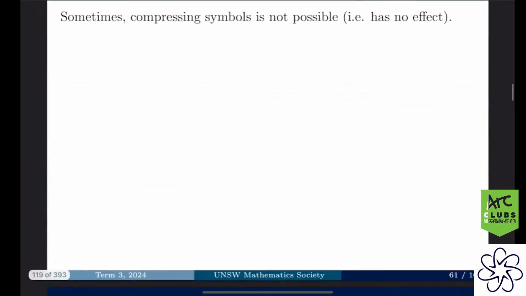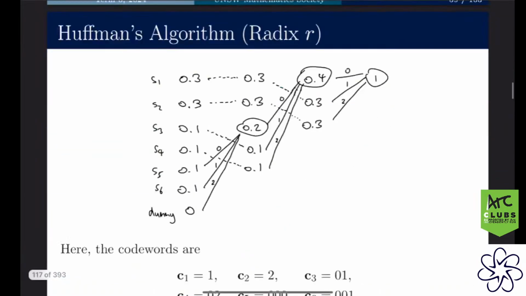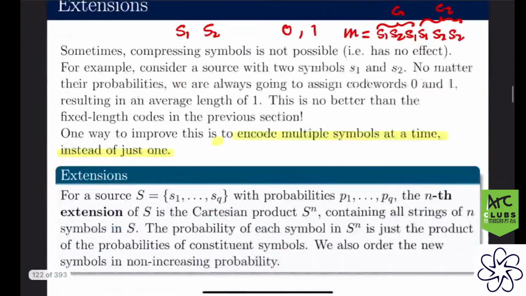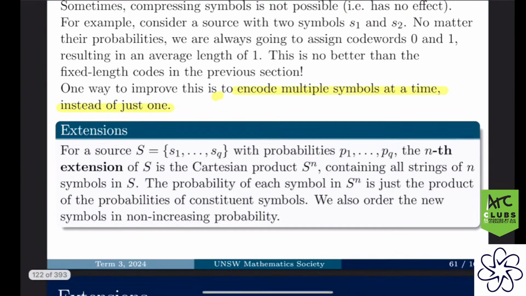All right, let's go down. I've done radix R. I'm looking at extensions now. I went down here. Yeah, cool. All right, so here's a definition of an extension. An extension for probabilities of the nth extension is written as this.